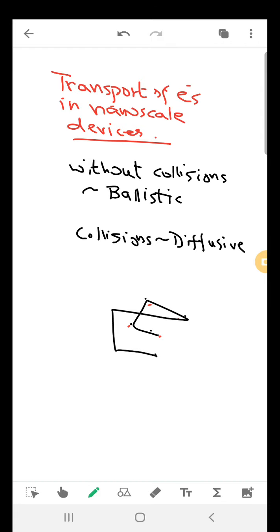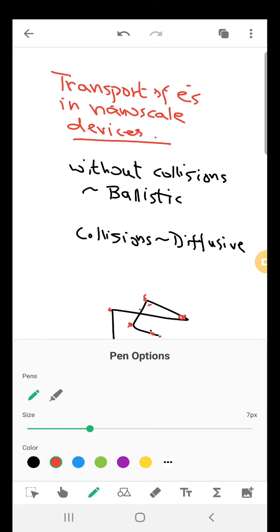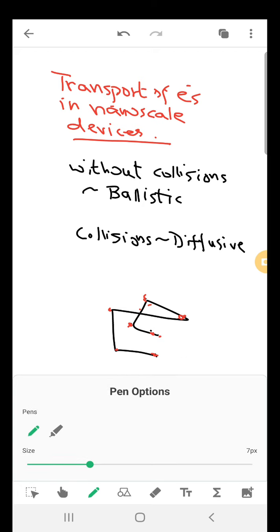Let us put them as red signs. In these places, the electron has undergone collisions with electrons, and that has caused a change in its path. If we take the average length the electron traverses between two collisions as L, that becomes the mean free path of the electrons.